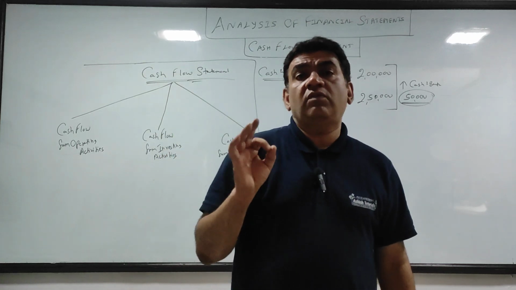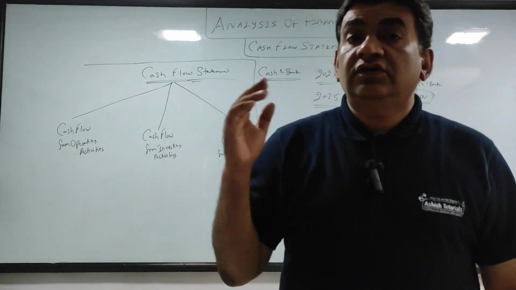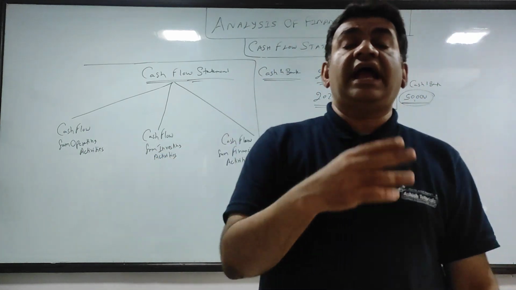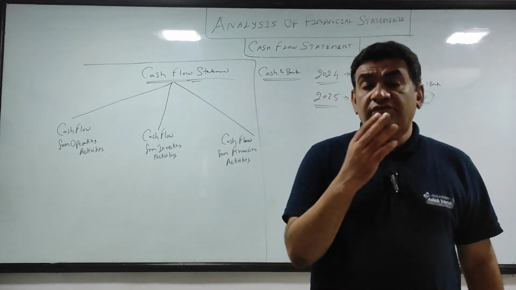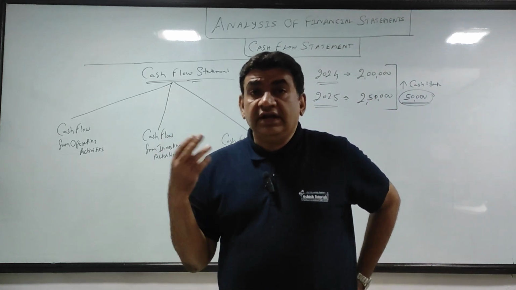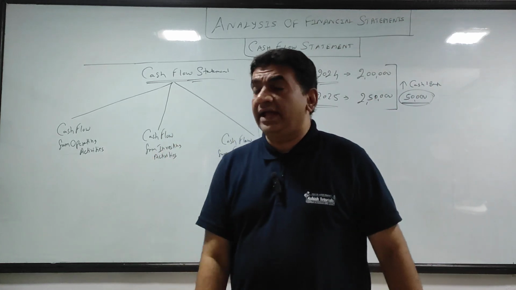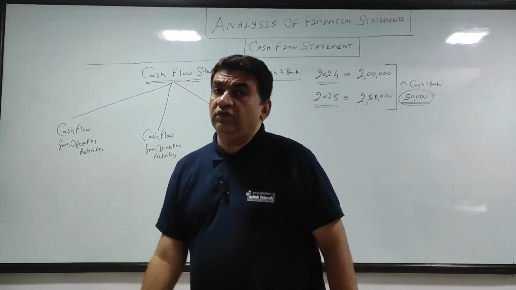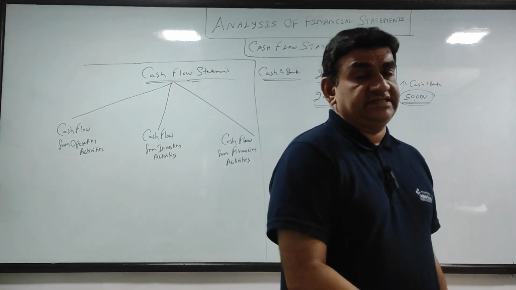So cash flow from operating activity means तुमने तुम्हारा नॉर्मल बिजनेस एक्टिविटीज कंडक्ट करके फुल ईयर में कितना एडिशनल कैश जनरेट किया है और कितना कैश तुम्हारा कम हुआ है. That is your cash flow from operating activities.